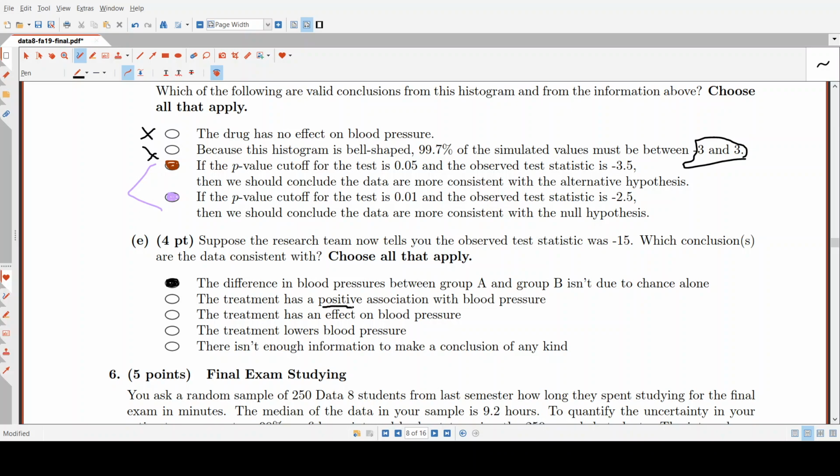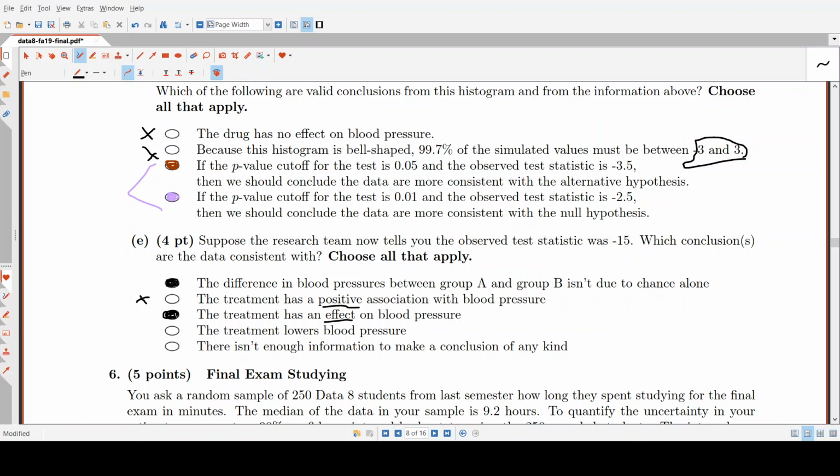So it's not positive, it's negative. The third is that the treatment has an effect on blood pressure. And that is yes, because we can prove that it has an effect because we did our randomized controlled experiment. So yes, we can say because there is a difference, there is an effect, like a causal effect.